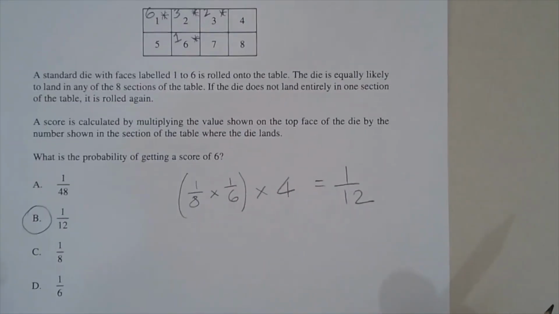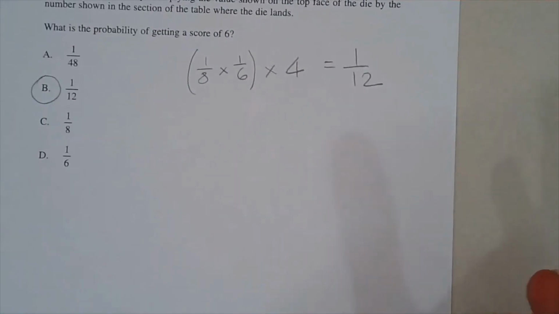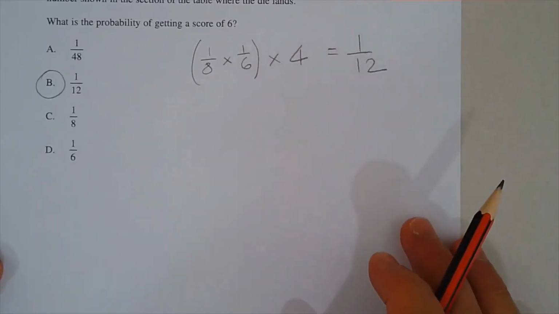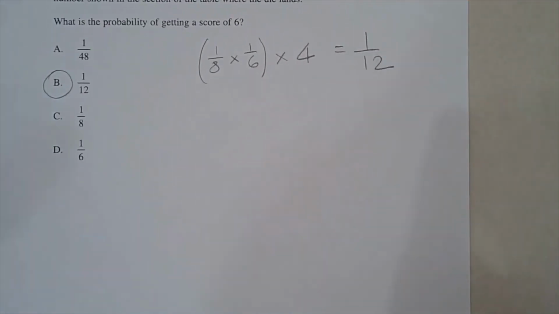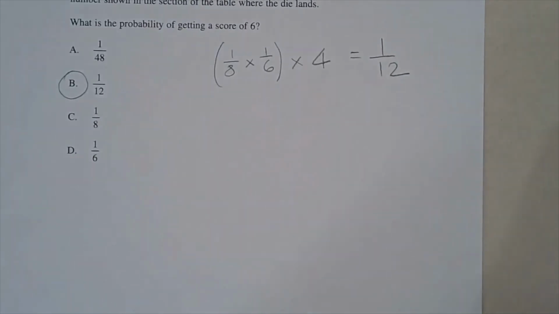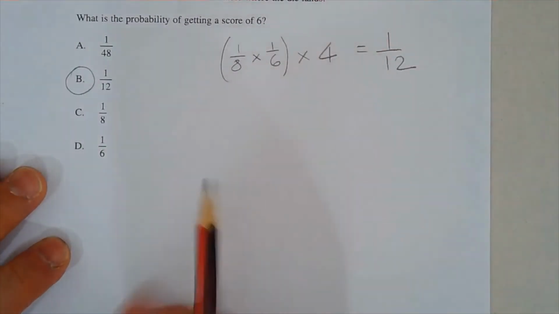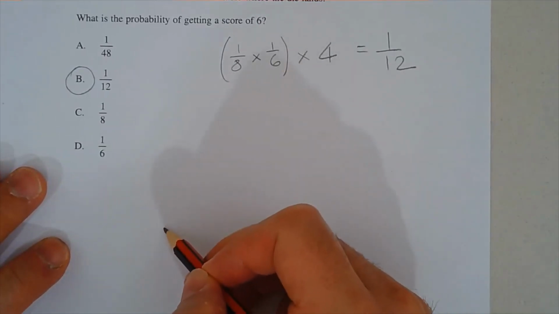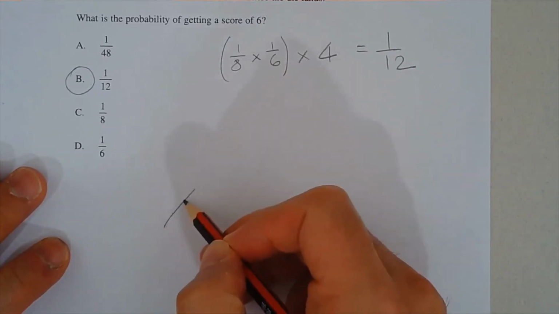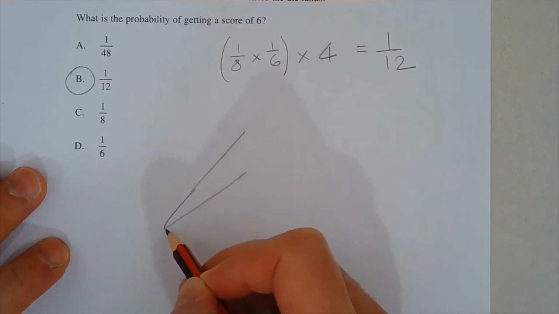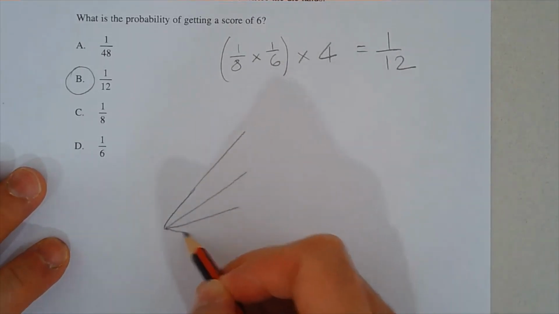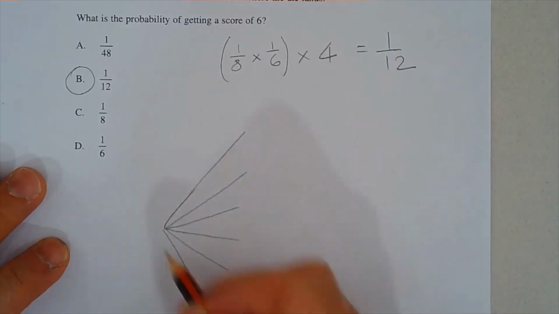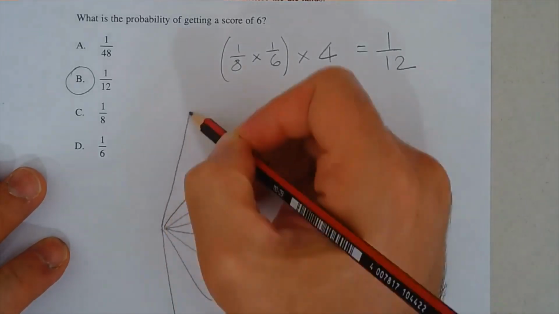The other way you can do this is you can draw a tree diagram, perhaps. That's the other way, I guess, and there might be other ways too, I don't know, but this is probably the easiest. If you want to do a tree diagram, you could do it this way. So 1, I have to do it a little bit larger, 2, 3, 4, 5, 6, 7, 8.